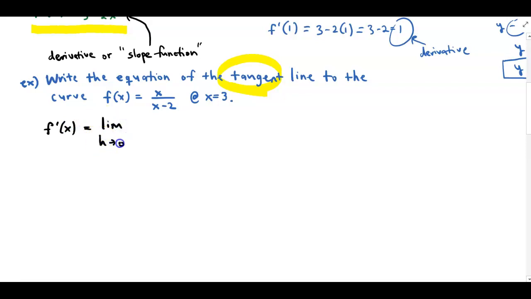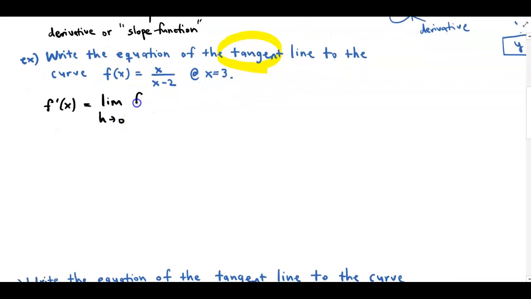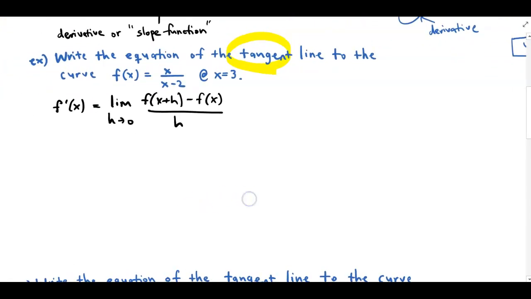As h approaches 0, remember that formula, f of x plus h minus f of x all over h. So that was one particular formula that we could use to find the derivative. But remember, there was another formula that we could also use. Since we know the particular x value, which is this guy right here.